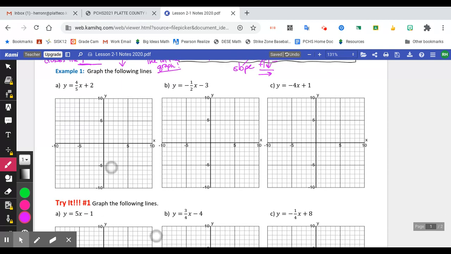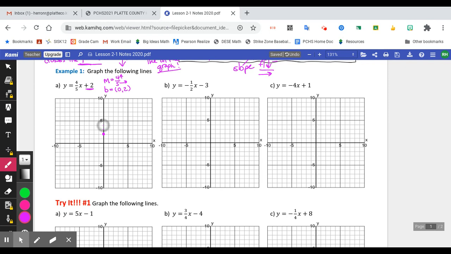So for our first one, our slope is 4 over 5. Our y-intercept is at 2. So I'm going to go on the y-axis at 2 and put a point because that's where I'm starting from, positive 2. My slope is 4 over 5, so I'm going to go up 4 and to the right 5 from this point.